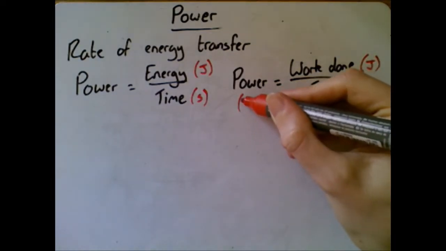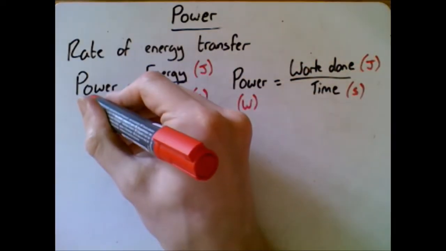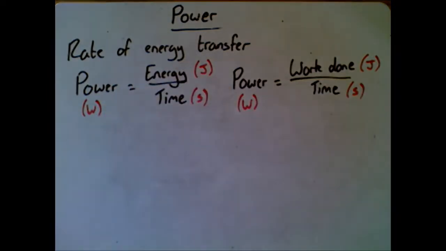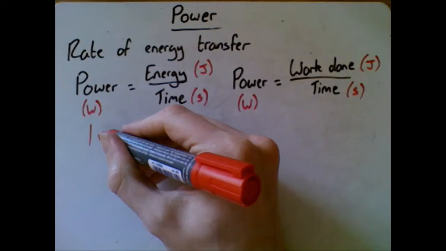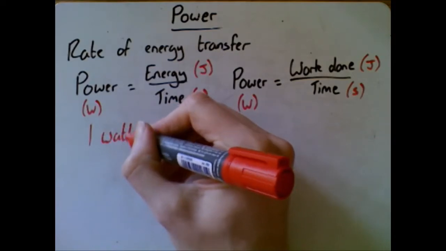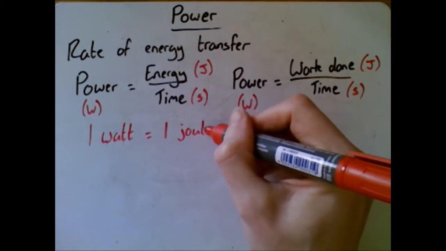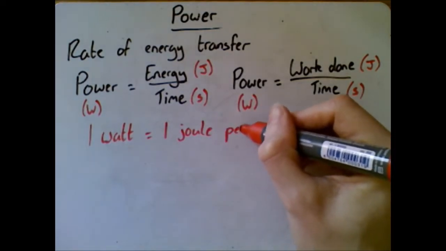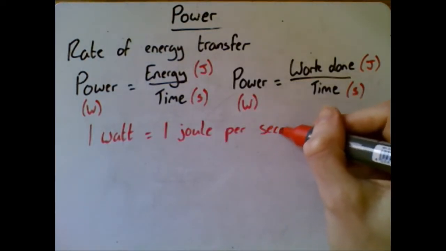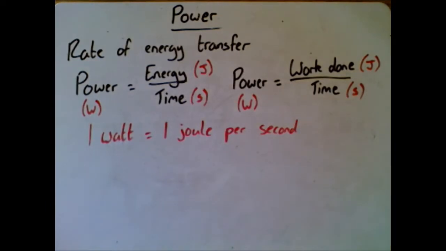Well, power is measured in watts, or W. And just so you can see how this all fits together, a power of 1 watt just means that 1 joule is being transferred per second. So when you hear about power being measured in watts, it's telling you how much energy is being transferred per second.